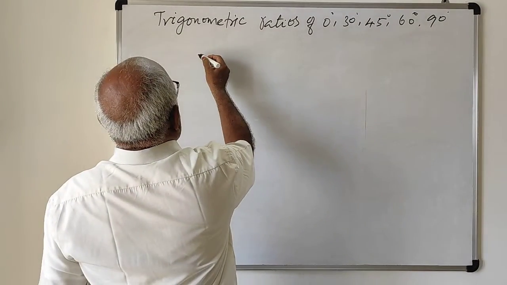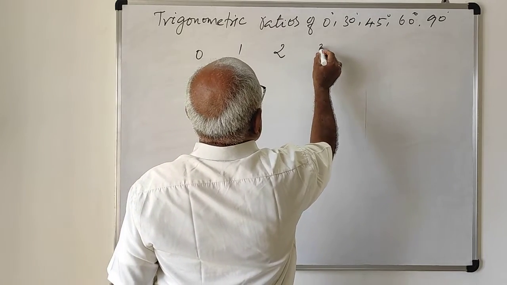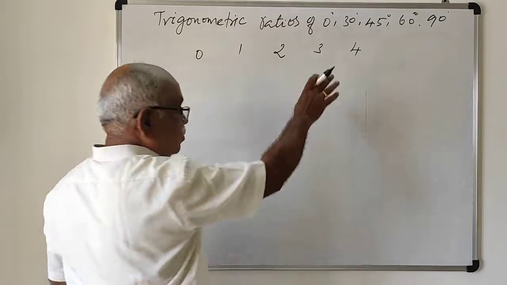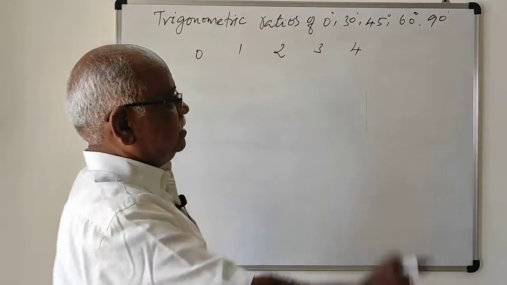You just write 0, 1, 2, 3, 4. See, I am giving you the shortcut method to find the values for the various angles.